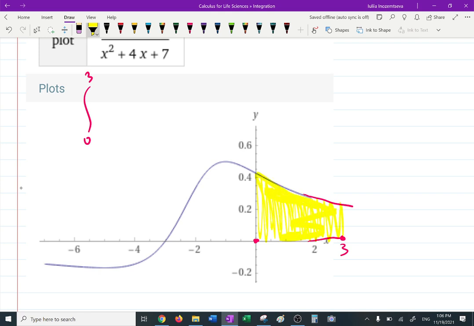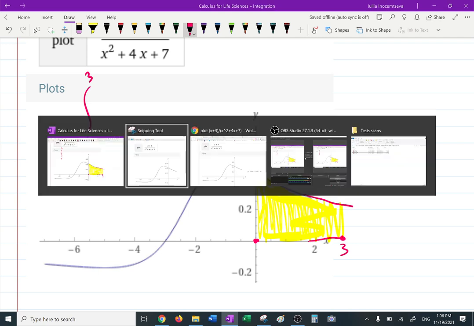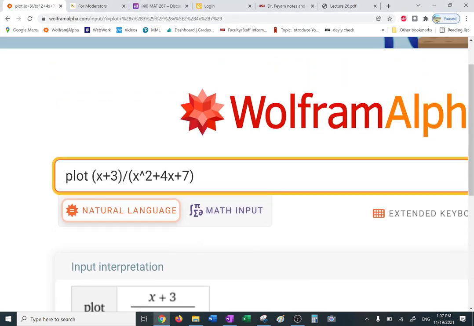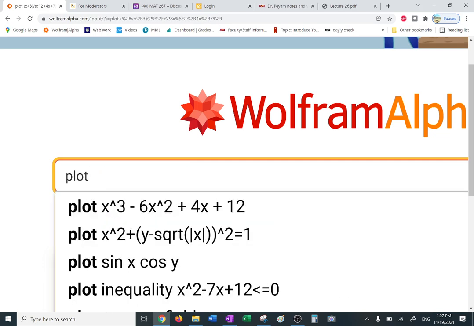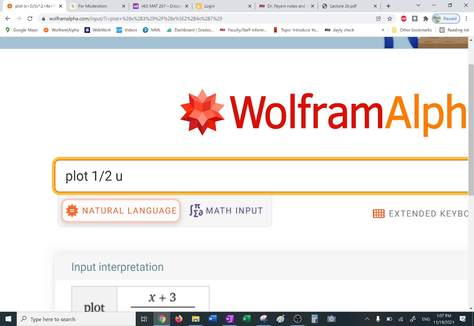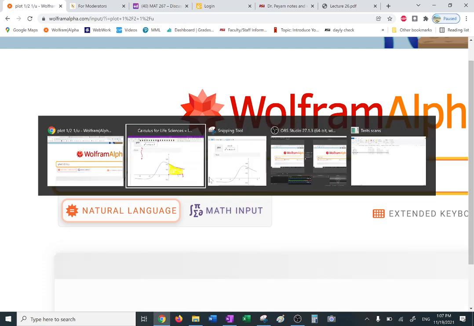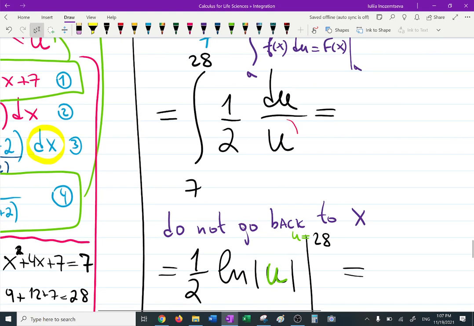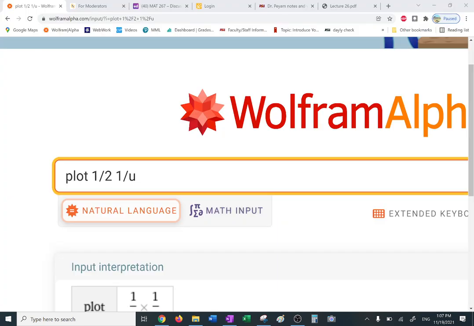So what I did, I transformed this integral using u substitution into a different integral. What function do I have? 1/2 times 1 over u. What was my transformed function inside of the new integral? This, 1/2 times 1 over u from 7 to 28.